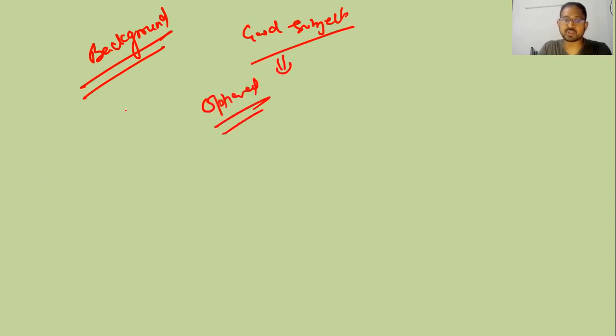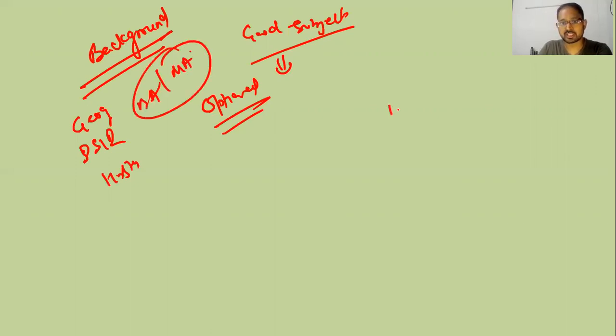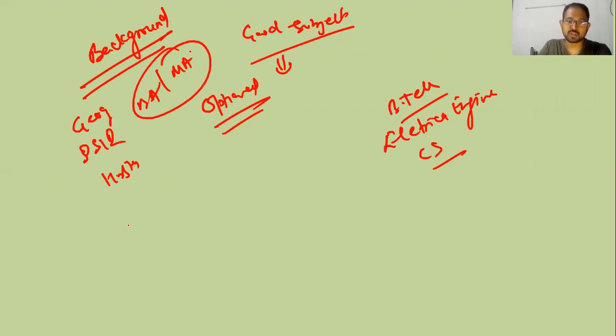If you have done it in your graduation, for example, if you have done geography, PSIR, history in your graduation or post graduation, or if you are a BTech student and you think that you were good during your 4 years, you have got a good knowledge of electrical engineering or any engineering subject, computer science. If you are a student from science and if you think that your mathematics was good, if you are a literature student and you think that your English, Hindi, or any particular language literature was good, then you can.